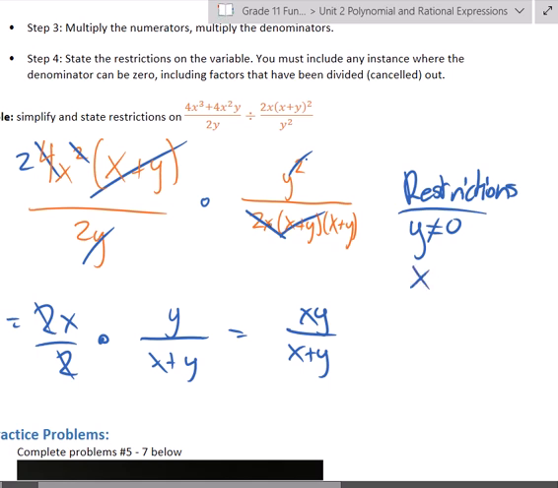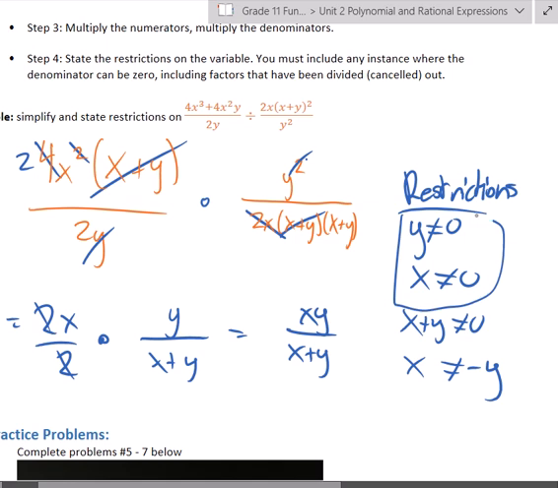Here we had x in the denominator, so x cannot equal 0. But we also have to deal with this x plus y. So x plus y cannot equal 0. We have to manipulate this. So that means that x does not equal negative y. If you shift this around, x cannot equal negative y, or y cannot equal negative x. So our three restrictions are y and x cannot equal 0, and x cannot equal negative y.